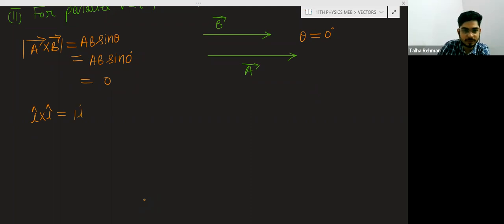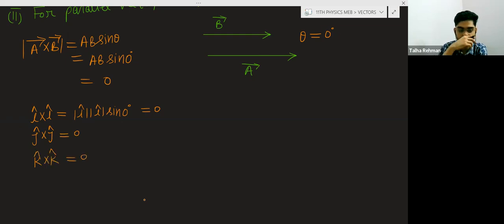This becomes magnitude of I cap, magnitude of I cap, and sine of the angle between I cap and I cap. The angle will be 0 degrees, so sine 0 degrees is 0. Similarly, J cross J is equal to 0, and K cross K is equal to 0.